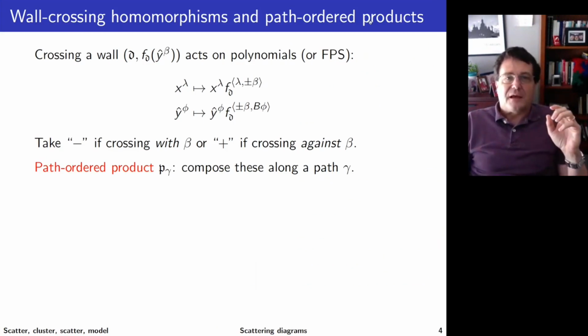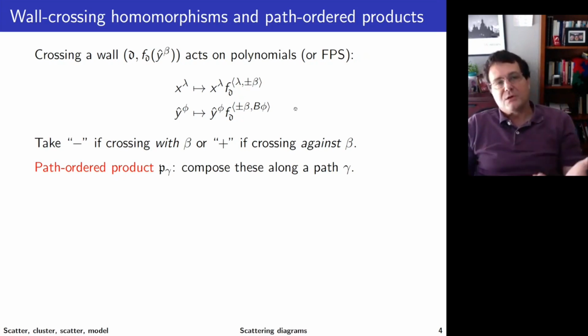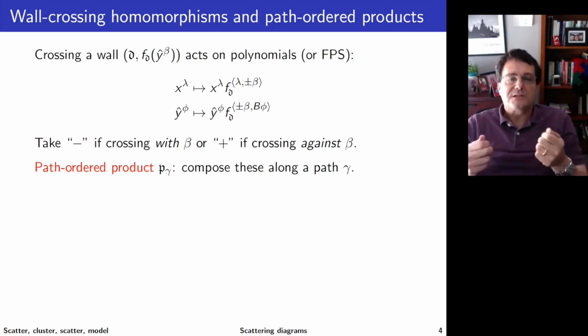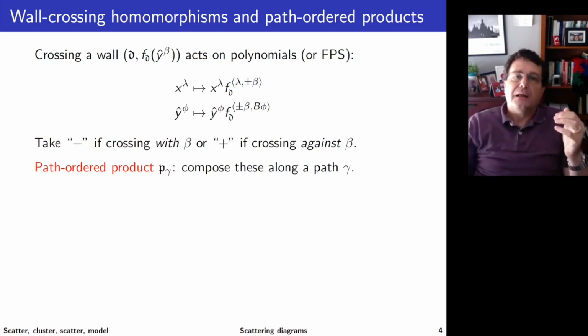Okay, so wall crossing. A little bit of this, I suggest maybe letting your eyes unfocus if you can see where my mouse is moving, and not worrying perhaps about the details. When we cross a wall, we're going to imagine walking through this scattering diagram. When we cross a wall, something happens to monomials. We have some monomial that we're keeping track of. We cross a wall, and a monomial in the x's gets replaced by itself times some power of the scattering term.